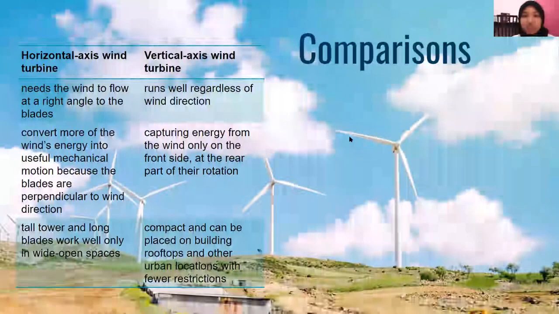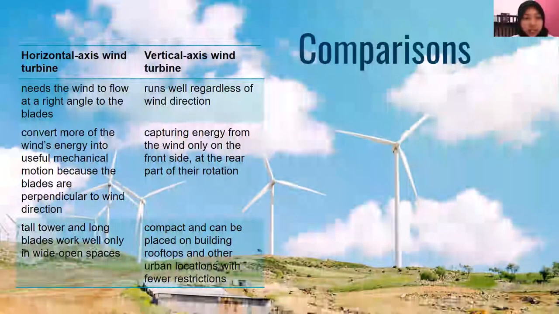For the comparison of the horizontal axis wind turbine and the vertical axis wind turbine, we go first with the horizontal axis wind turbine. First, it needs the wind to flow at a right angle to the blades. Next, it converts more of the wind's energy into useful mechanical motion because the blades are perpendicular to the wind direction.